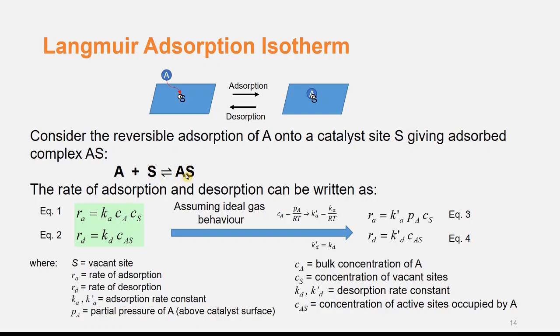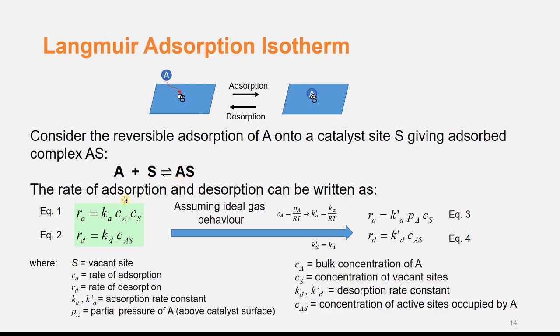A is now bound to the site S, and S cannot be used to adsorb anything else until A is released. A is in the fluid phase, meaning it could be in liquid or gaseous phase. S and AS are in solid phase, which is the catalyst surface.